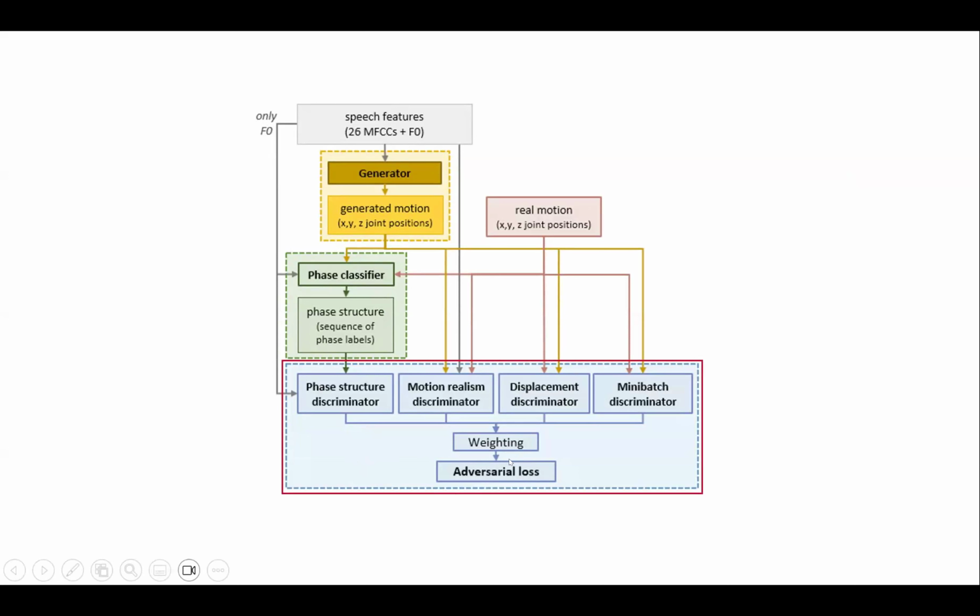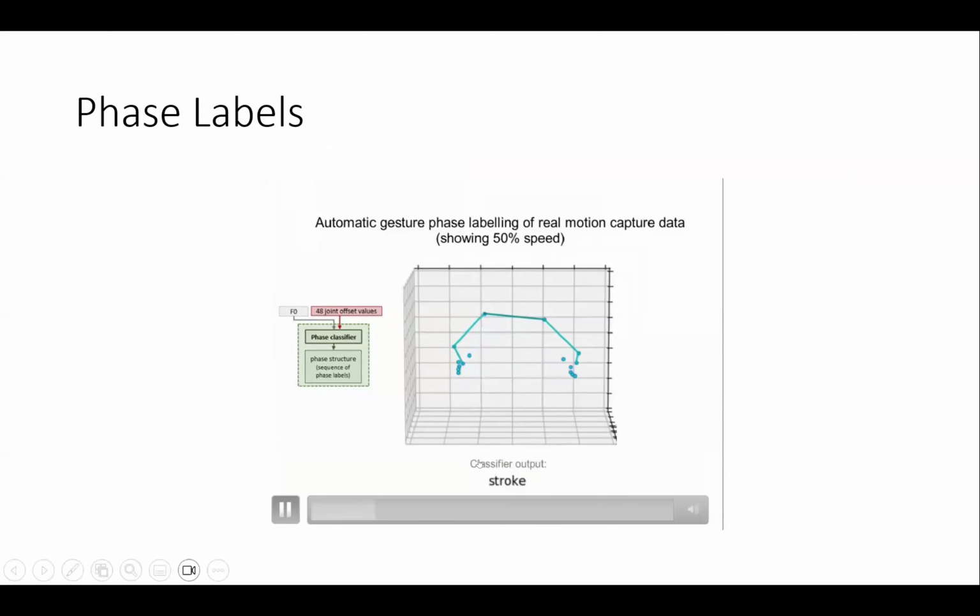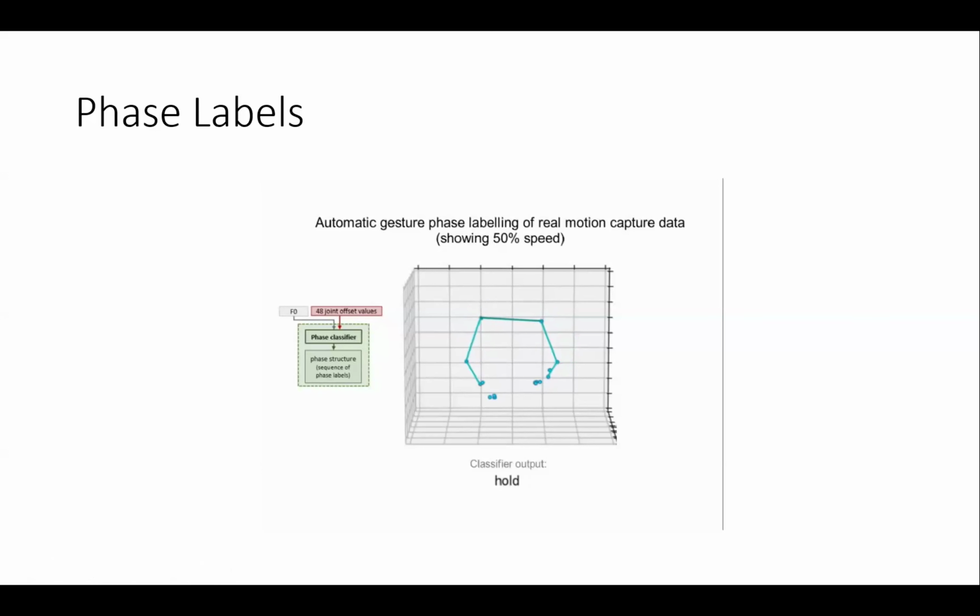I'll show videos of the others. But this is an example of the phase classifier. You can see at the bottom, it's labeling the phases. This is what we were able to train a system to do. This is actually a fairly hard problem, even for people doing this labeling, but we were able to get reasonable performance.